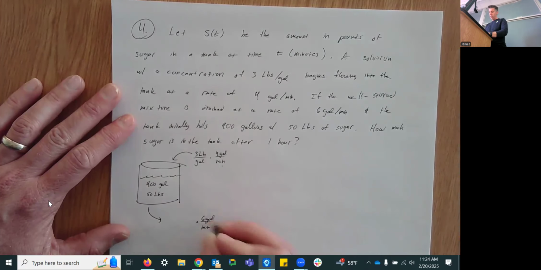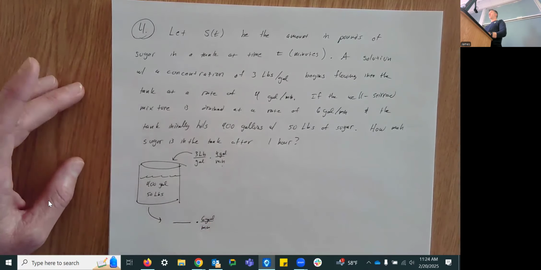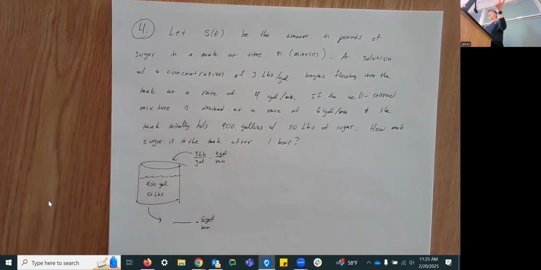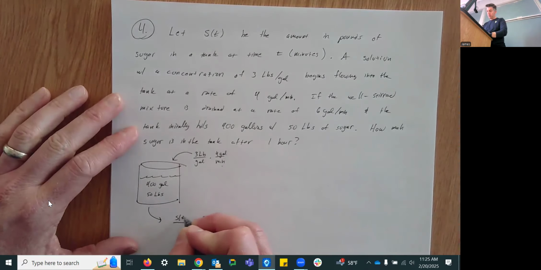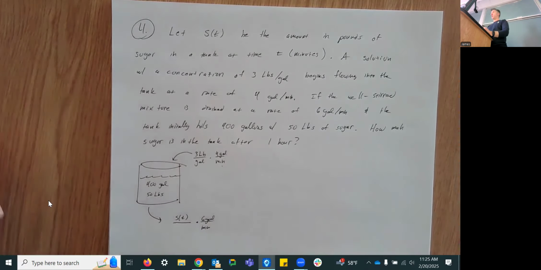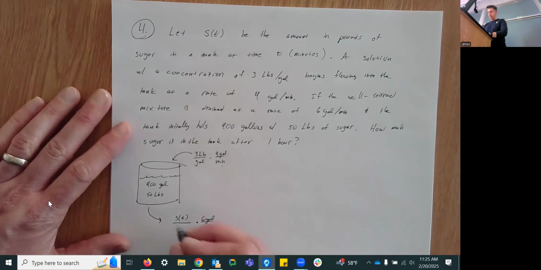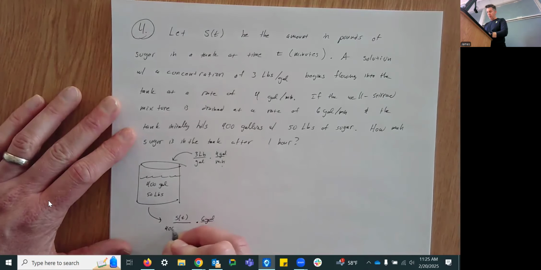But the concentration is changing, both in the amount of sugar, which is just S of T, and the volume, which isn't constant anymore. It's not 400 gallons the whole time. Every minute we're losing 2 gallons of solution, so it's going to be 400 gallons minus 2 times T.